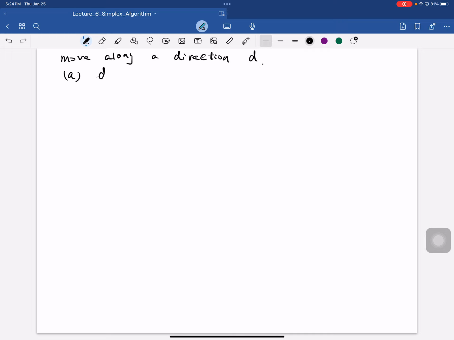If all the components of D are greater than or equal to 0, remember, when we check whether moving along this direction violates the constraints, we only need to check the inequality constraints, because by construction we already force the equality constraint to hold. So let's check all the inequality constraints.